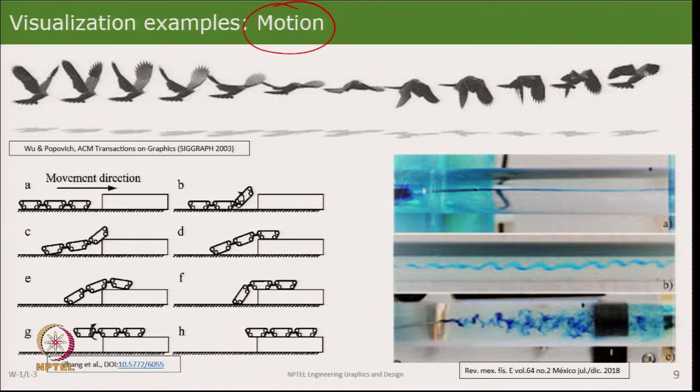These days, motion visualization has become very critical for a very large number of applications. Practically anything that we do where there is motion, we need to see how things will happen. So, on the top here is a picture of how a bird flies by flapping its wings. We won't go into the details of each and everything, but it shows the wing, the shape of the feathers at the edges, what happens to the wing as it goes down, what is happening to the tips here, and then when it comes back up again.